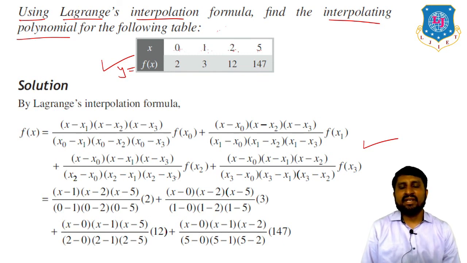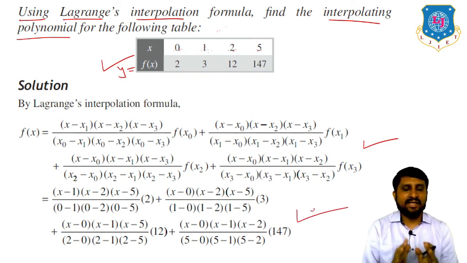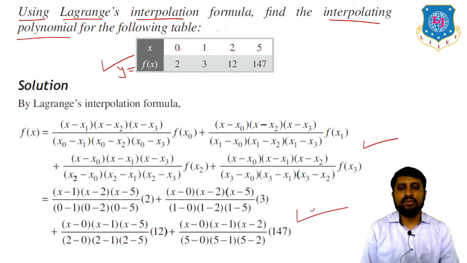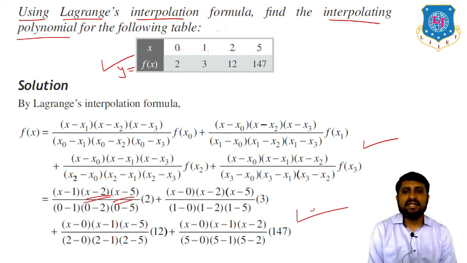Now we have to calculate all the terms. x is as it is. So first we calculate x minus 2 into x minus 5, so that you can easily calculate. When we multiply these two brackets, that is x square minus 2x minus 5x, so minus 7x, and plus 10.